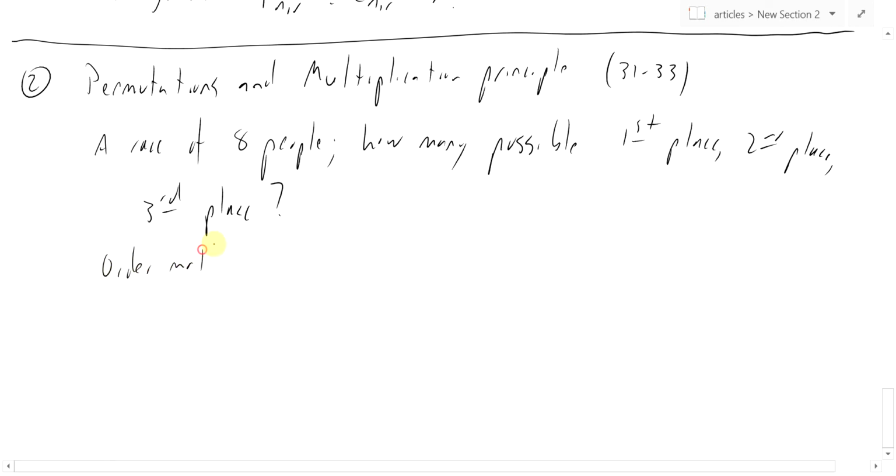If you're running a race, it matters a lot whether you come in first or second. So this is a permutation. How many people are running? 8. How many people are we picking? 1, 2, 3. So P(8,3), and that is 336.